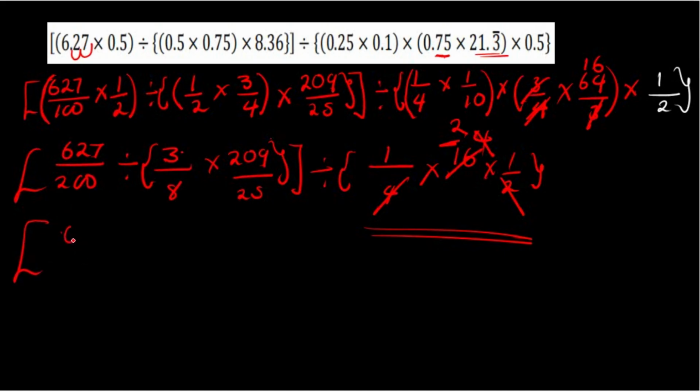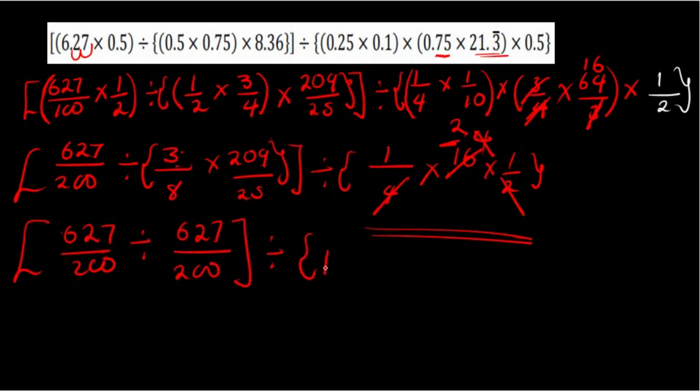So what you do in here is keep that one over 200, and divide by 3 times 209, which is 627 over, then 25 times 8, it will be 200.